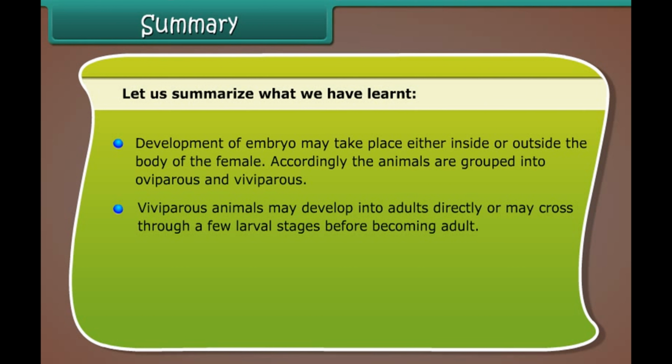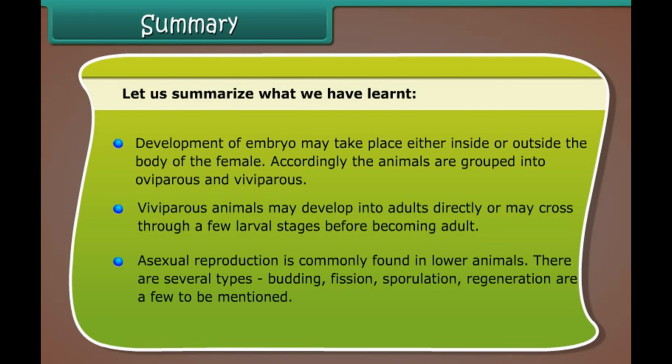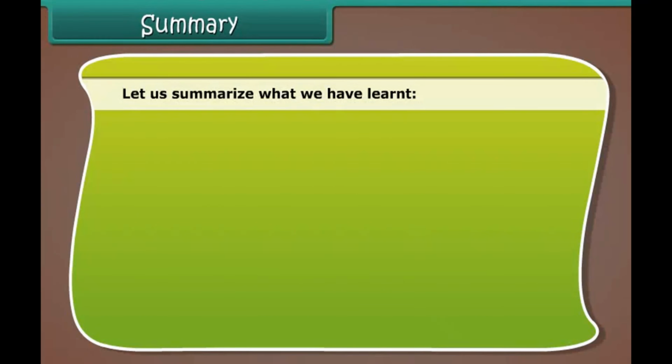Viviparous animals may develop into adults directly or may cross through a few larval stages before becoming adult. Asexual reproduction is commonly found in lower animals. There are several types. Budding, fission, sporulation, regeneration are a few to be mentioned.